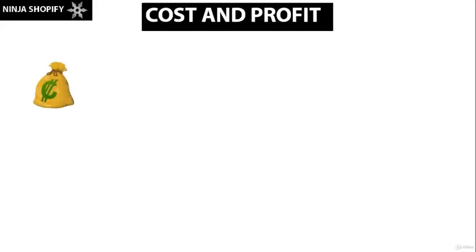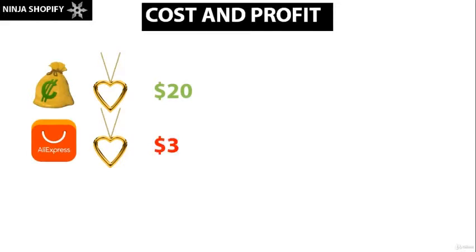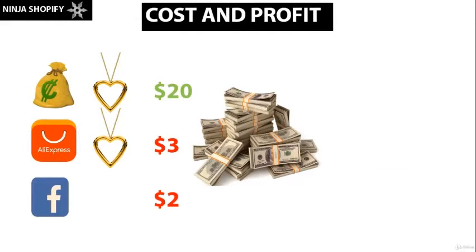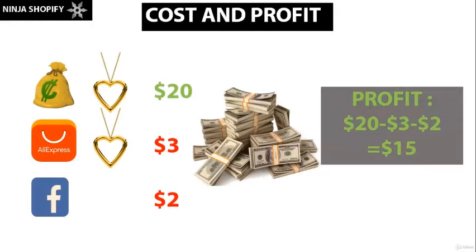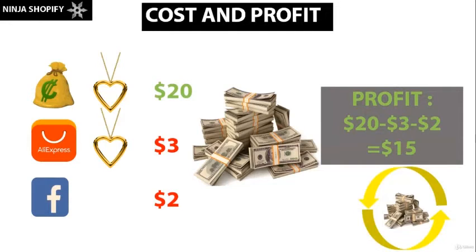So we sold the necklace for $20 and we bought it from AliExpress for $3. Let's say that we spent $2 on advertising, and this leaves us $15 profit for this one transaction. And we can make this over and over and over again.